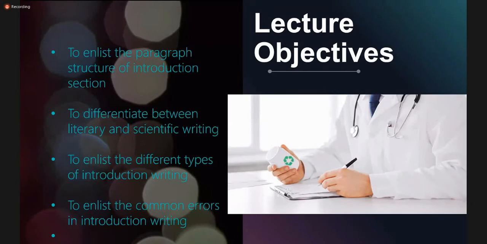The writing is not fluent, and the sentences are truncated or broken, or basically they have poor grammar, or the sentence structure is not scientific. So in that context, we'll see what the different errors in introduction writing are.